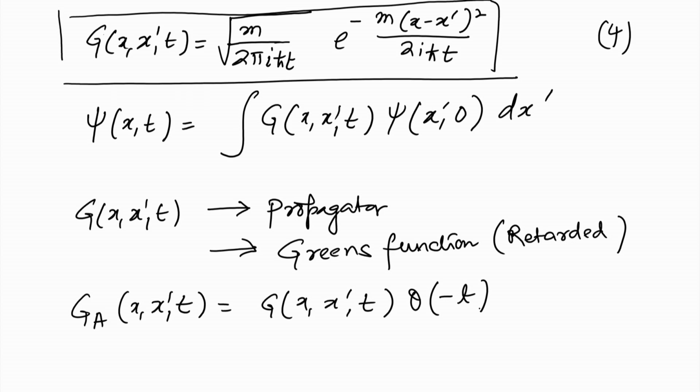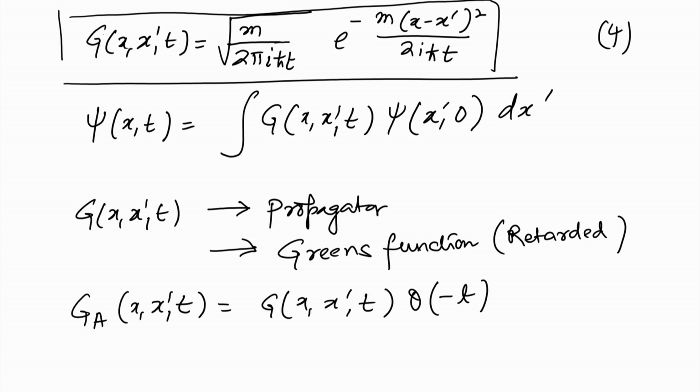To remind you, when minus t is greater than 0, this theta function is equal to 1, and if it is not satisfied, the theta function will give us 0. So, this is the definition of the advanced Green's function.